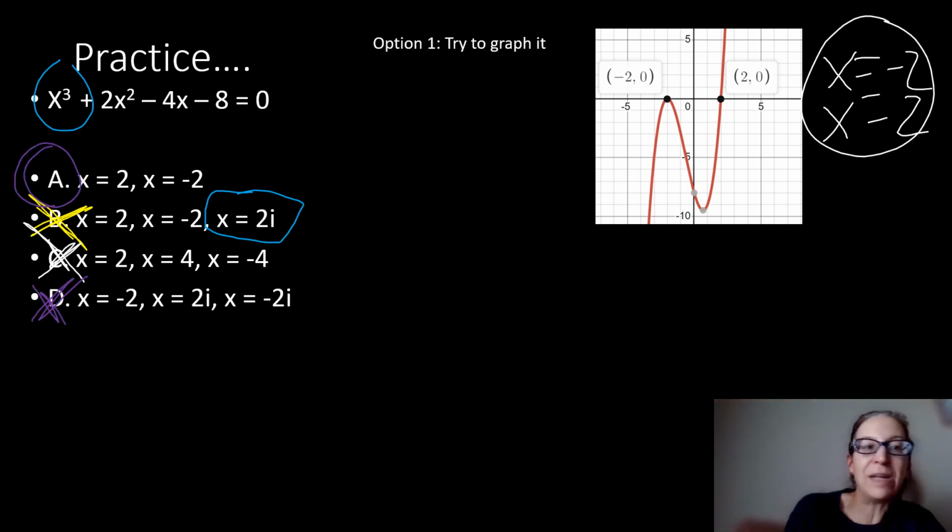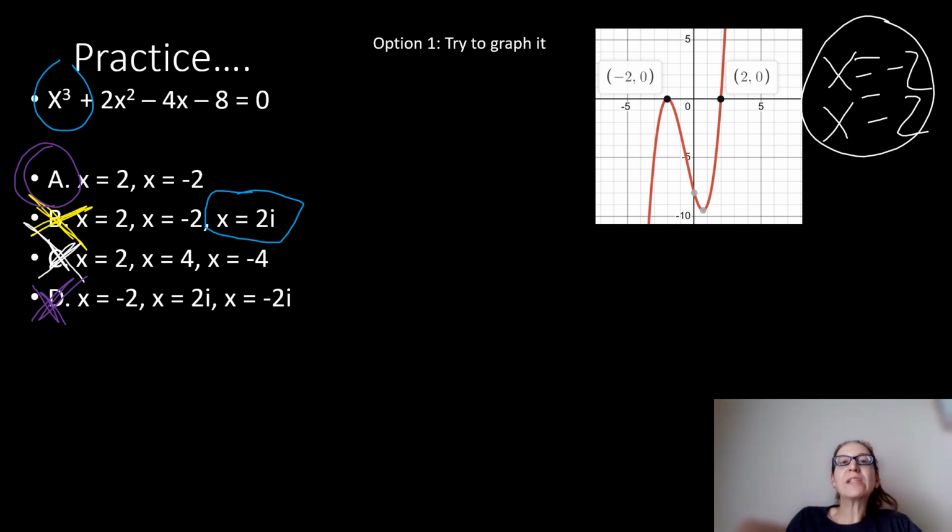Therefore, it has to be A with one of them counting more than once. Hint, it's the -2. It actually counts more than once. Now B has the 2 and the -2, but I can't have that Lone Ranger 2i. So this is a great problem where you do have that duplicate 0 in there, and you may or may not know how to navigate why it is a duplicate, but you can leverage what you know. You guys are not powerless with this.